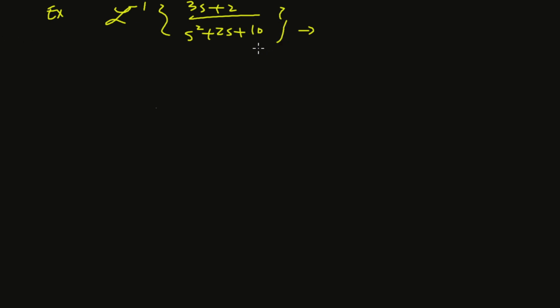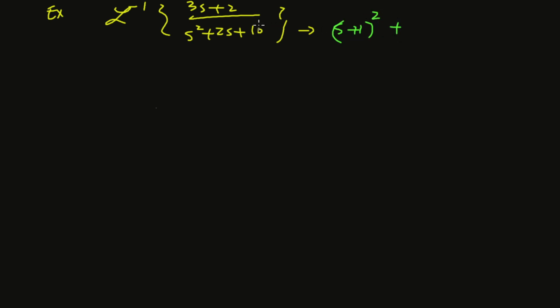Let's do one that maybe involves some fraction decomposition that you've done in the past. Let's say you have something like this. We already know that this denominator is going to give us, by completing the square, 2 divided by 2 is 1 squared, so s plus 1 squared.